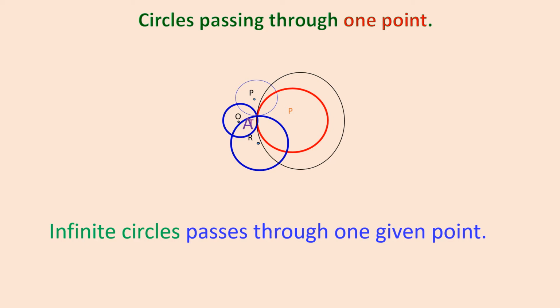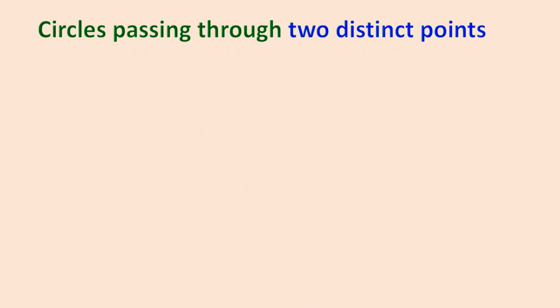So let us go for the next one. What happens when two distinct points are given? When two points are given, it is necessary to say that they are coplanar points, because two points can stay in two different planes. Then the first property we have studied will be applicable.